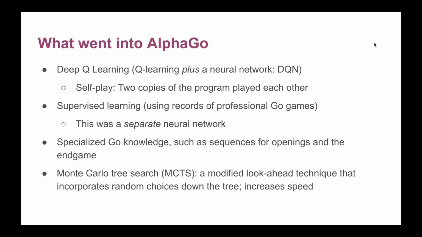Now, the AlphaGo program, this is the one that beat the Go master named Lee Sedol in 2016. It had two separate neural networks. One was for Q-learning, one was supervised learning that had specialized Go knowledge, and it also used what's called Monte Carlo tree search.